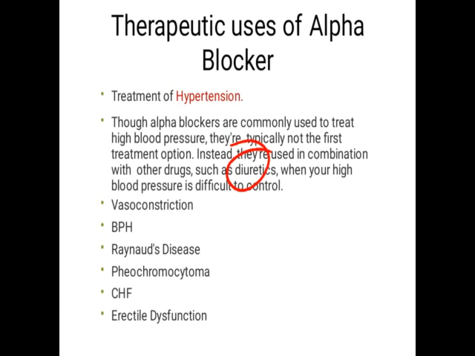They are also used for vasoconstriction, BPH, Raynaud disease, pheochromocytoma, CHF, and erectile dysfunction. For the treatment of all these diseases, we can use alpha blockers.